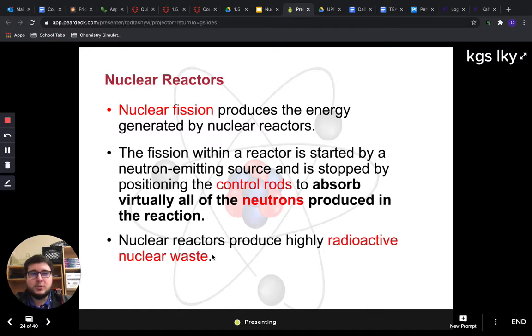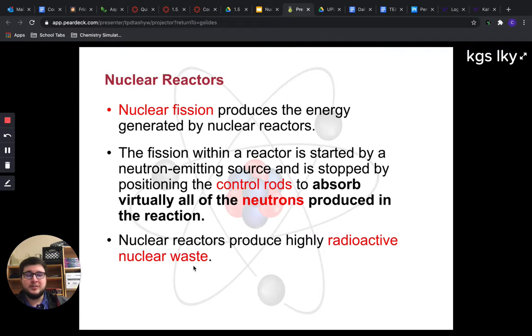Nuclear reactors produce highly radioactive nuclear waste. This is a big problem with nuclear fission: it creates a lot of waste that is radioactive and harmful to the environment and potentially harmful to people. Whenever you have radioactive waste like that, some of it has half-lives in the hundreds of years.